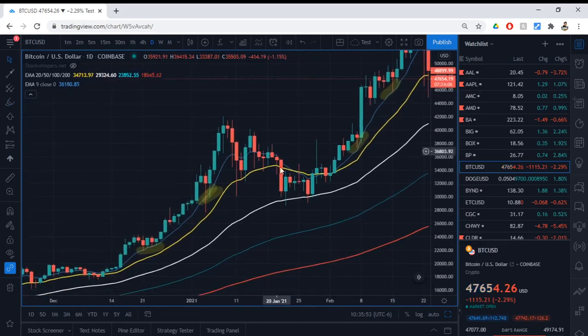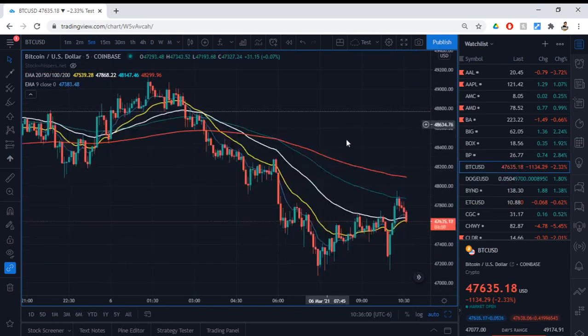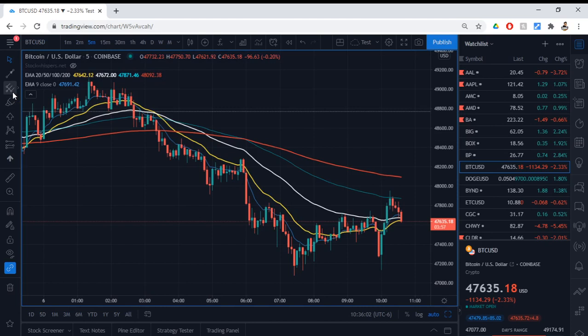If you're trading on the daily, and I switch this to a 5 minute chart, you're going to see that it also bounces off the 9 more times than it bounces off the 20. If you're using a 9, then you're more looking to scalp the market or trade it on a very, very short term.